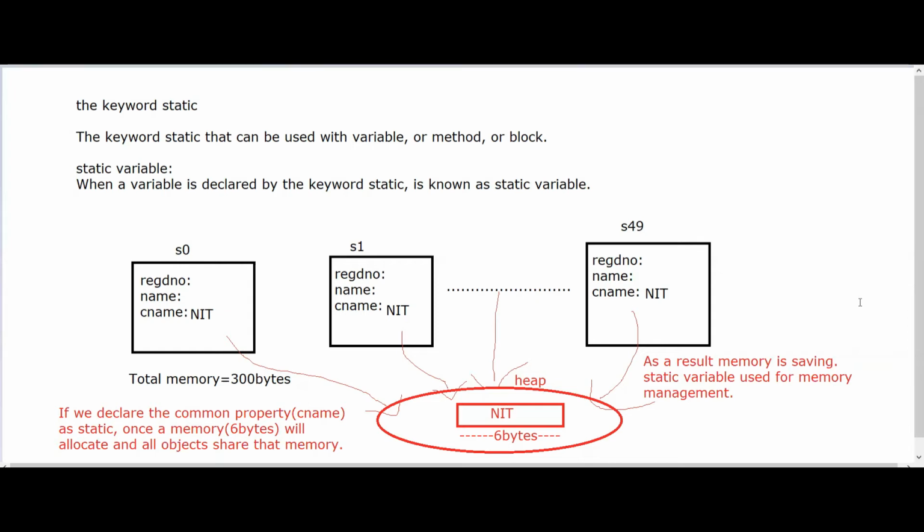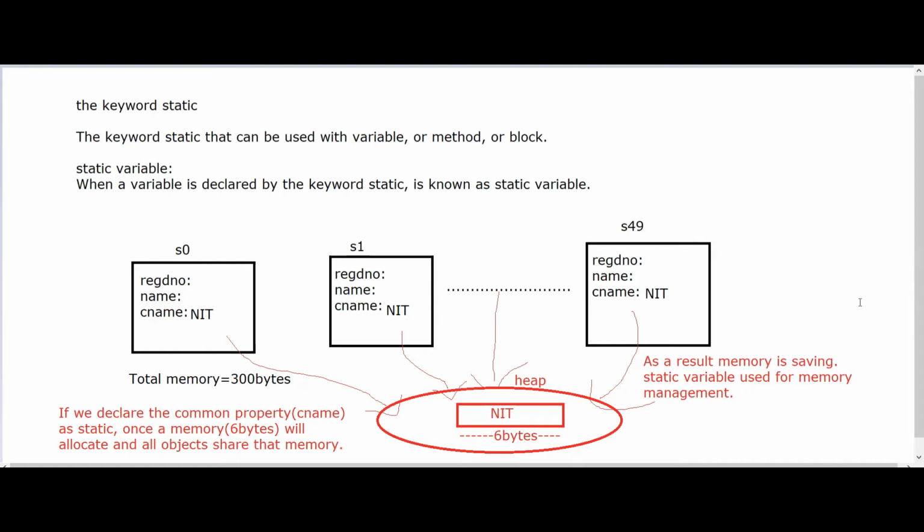So when do we declare a variable as static? We observe the scenario: if there is a property which is common to all objects, that variable we declare as static.